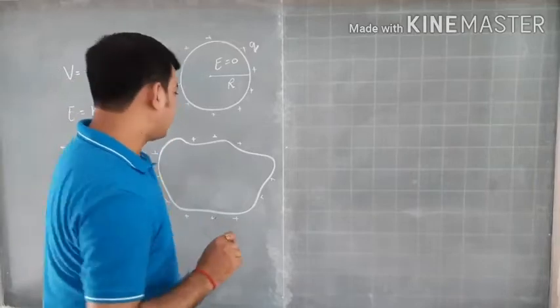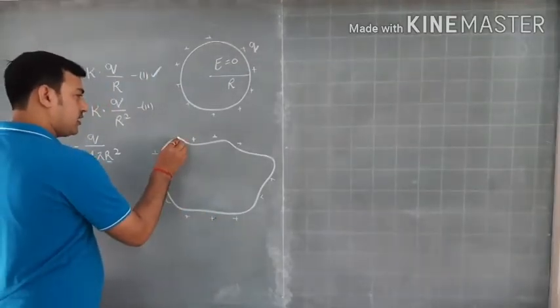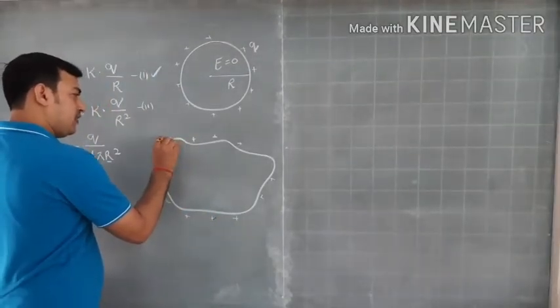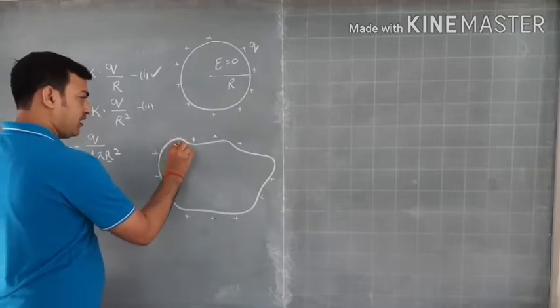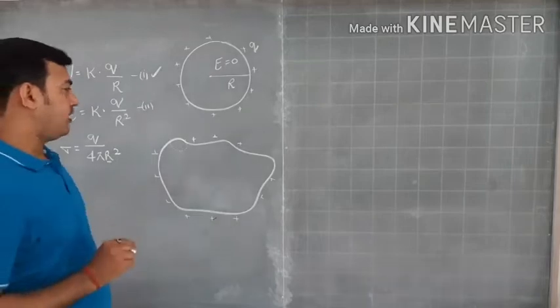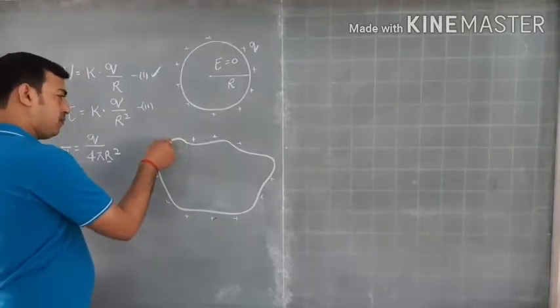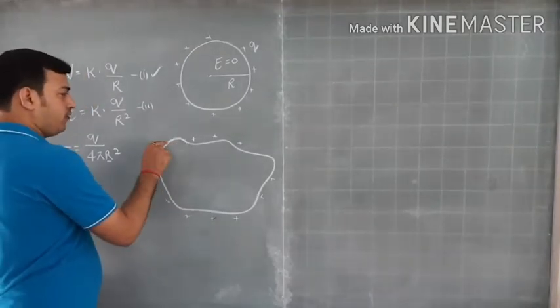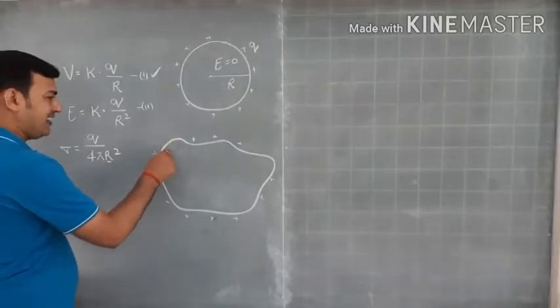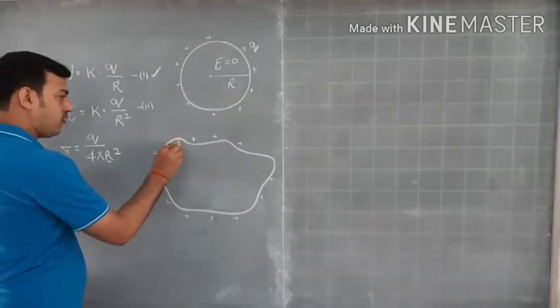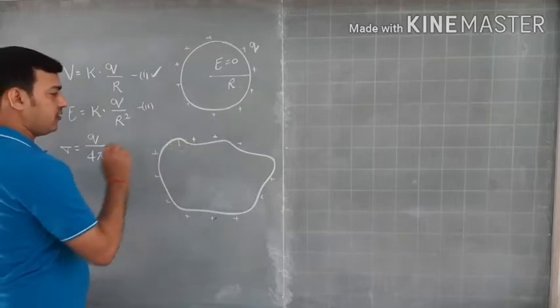Now we will focus on our edges just like this one. If it is a curved surface, then a small curved surface can be taken as a part of a sphere. So I am completing the sphere of which this surface is a part, and if you can see it clearly, the radius of this curved surface is very small.